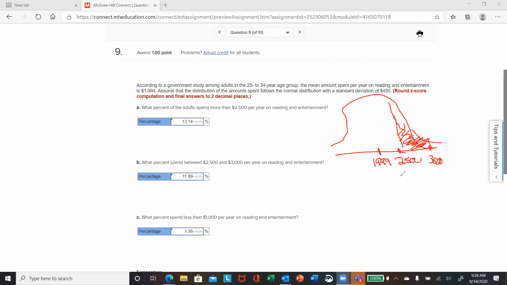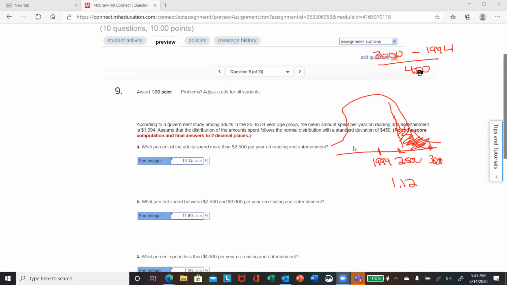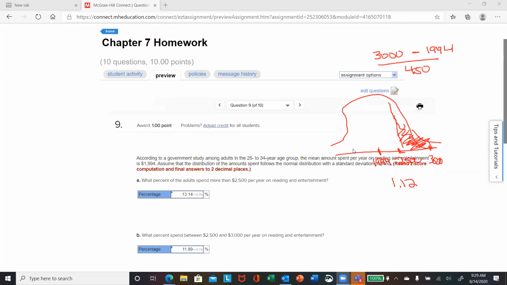We already know the z-value for 2,500 is 1.12. Get the z-value for 3,000: it's 3,000 minus your 1994, divided by 450. The z-value for 3,000 looks like it's 2.24.